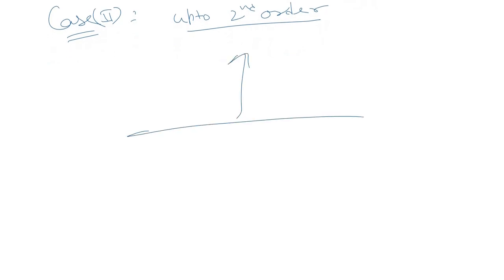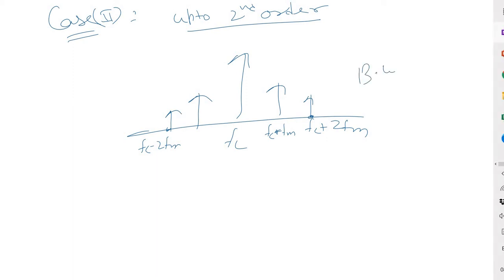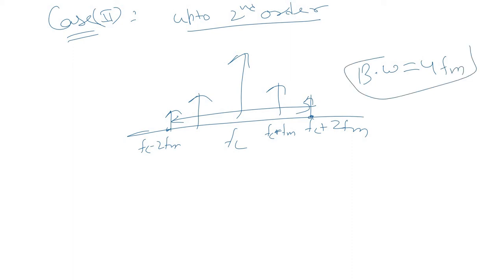Clearly there will be a carrier component FC and two pairs of sidebands: FC minus FM, FC plus FM, FC plus twice of FM, and FC minus twice of FM. So what would be the bandwidth of this signal? It will be 4 times of FM. If you look at the span of the signal, it is 4 times of FM.